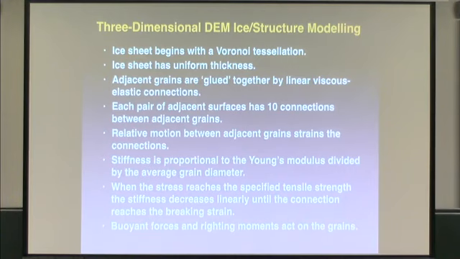So the relative motion between the adjacent grains, either tensile, compressive, or shear, strains those connections. And the force is proportional to the strain in the connection. It loads linearly, and when it reaches the tensile strength for an individual connection, it unloads linearly. So it doesn't break in one time step, there's a softening.